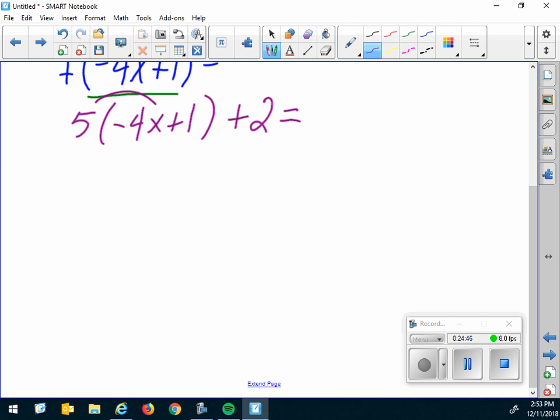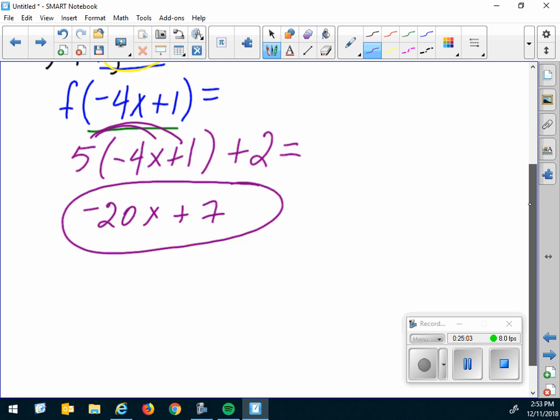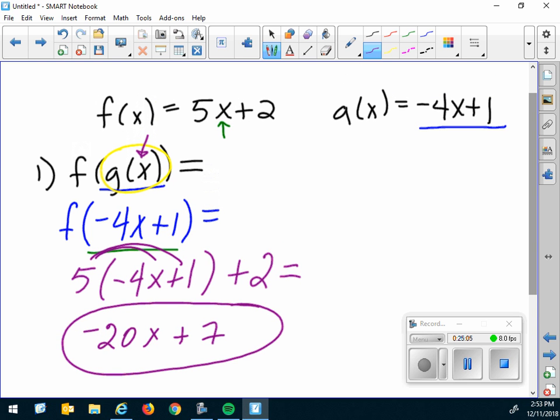What do you get? Negative 20x plus 5 plus 2 is plus 7. That's right. That was f of g of x.